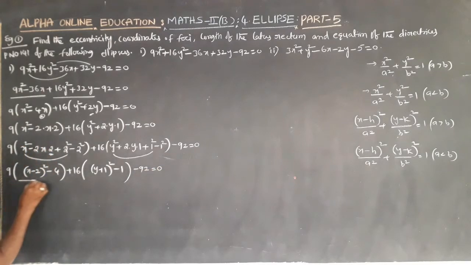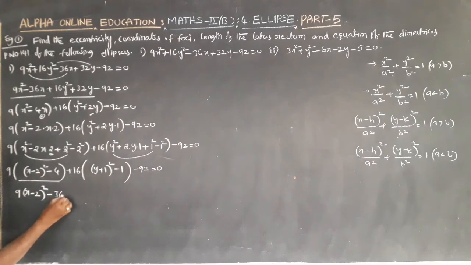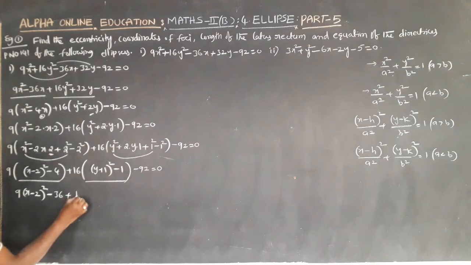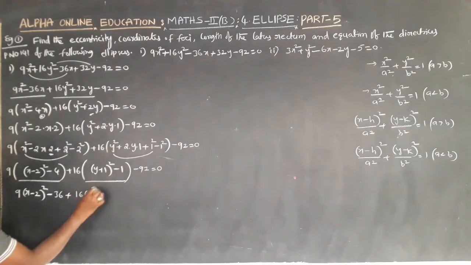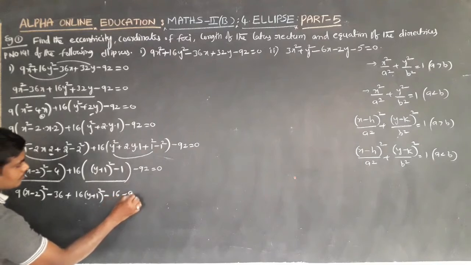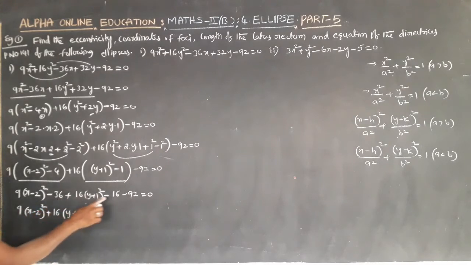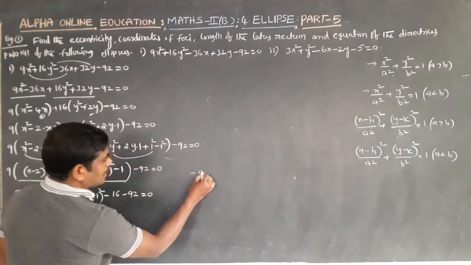This total value multiply with 9: 9 into x minus 2 whole square, 9 fours are 36. This total value multiply with 16: 16 into y plus 1 whole square, minus 16 ones are 16, minus 92 is equal to 0. 9 into x minus 2 whole square plus 16 into y plus 1 whole square minus 36 minus 16 minus 92.